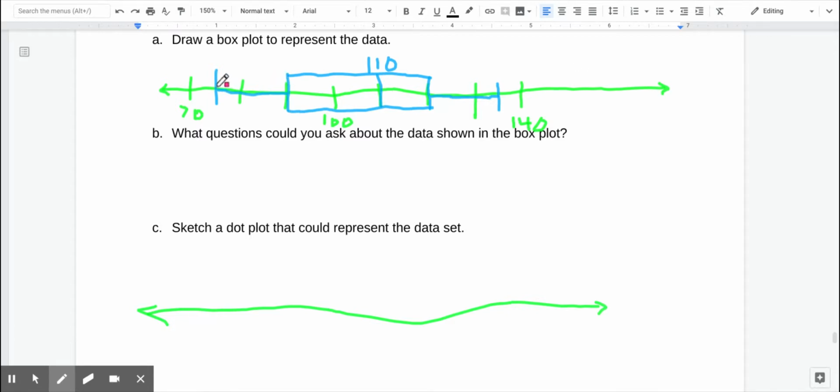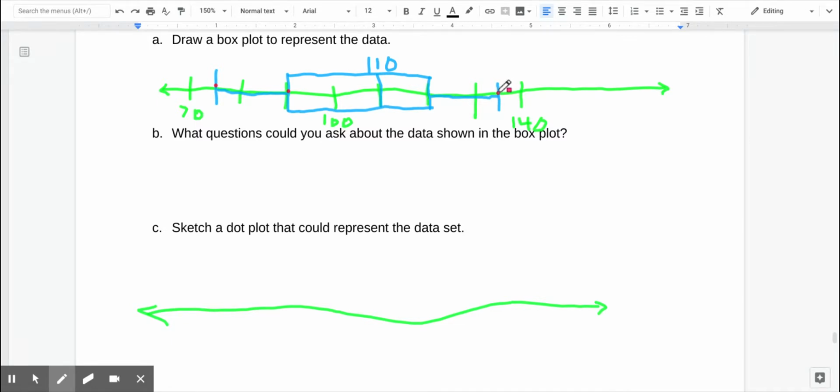I know that there's got to be a point here at 75. I know that there's got to be a point here at 90. I don't necessarily know that. I could have another option in there. But I do know that there has to be a point here at 135.